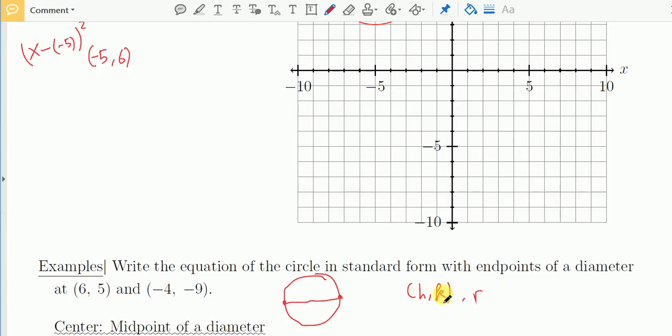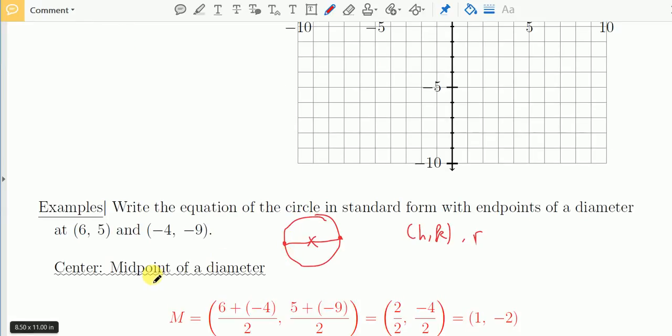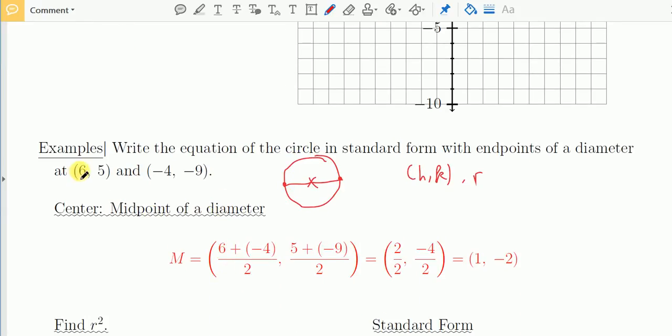In order to find the h, k, the center, we are given the two endpoints of the diameter, so we just need to find the midpoint of these two values, because the midpoint is the point in the middle, which is the center, right? So in order to find the midpoint, you can use the midpoint formula. You add the two x coordinates and divide by 2, add the two y coordinates and divide by 2, you got 1, minus 2 for h, k.